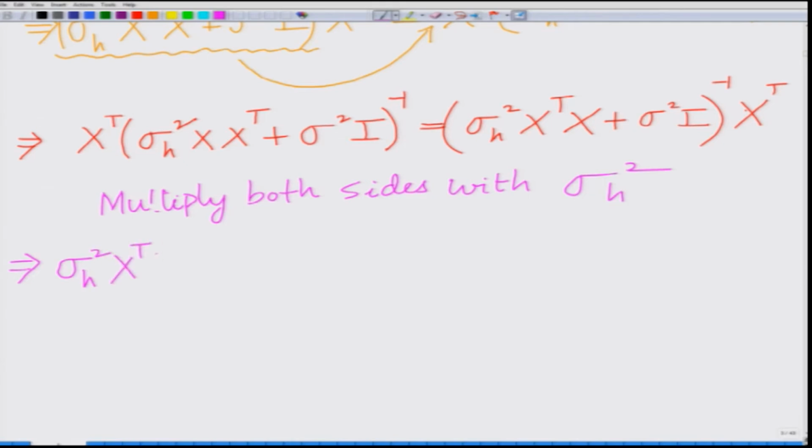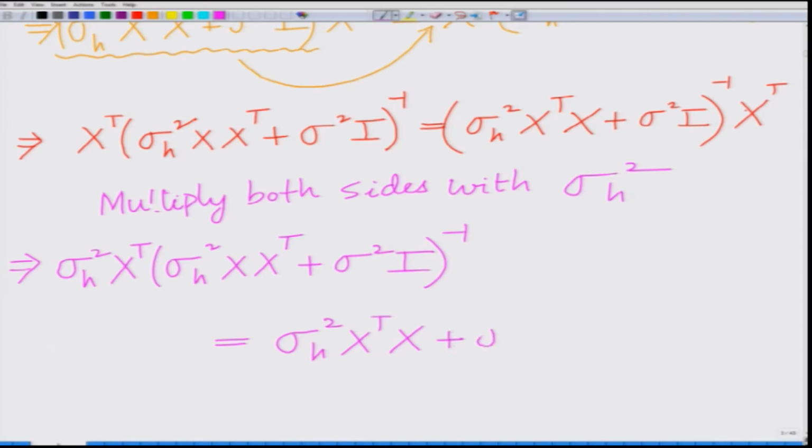So I have sigma h square x transpose times sigma h square x x transpose plus sigma square identity inverse, equal to sigma h square x transpose x plus sigma square identity inverse times x transpose.